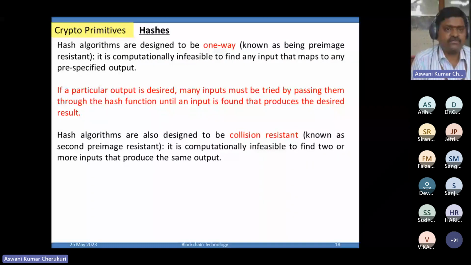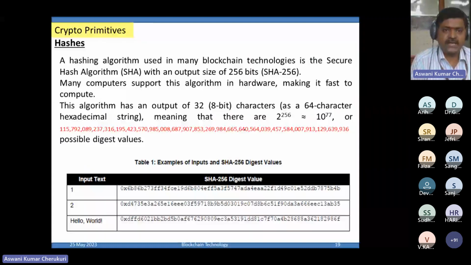As I said, it is one way, and hash functions in particular are collision resistant. Cryptography has several hash algorithms, which include the secure hash algorithm with 256 bits, 512 bits.